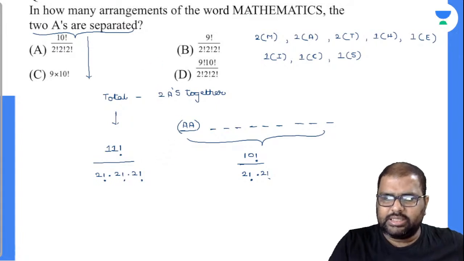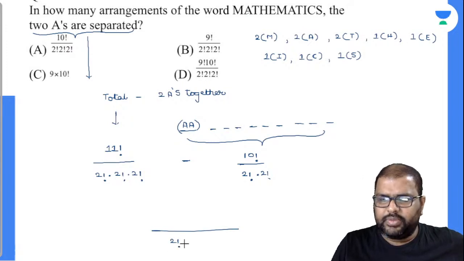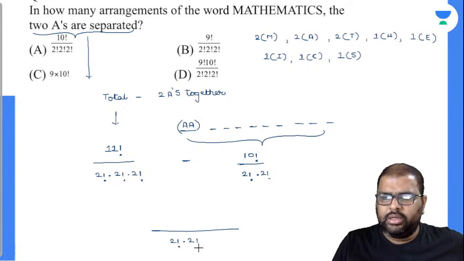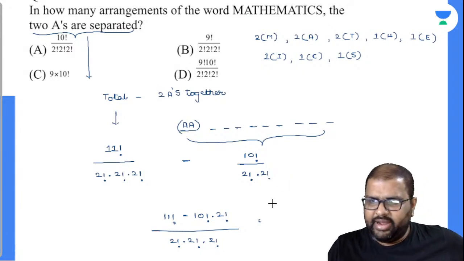Yes, this is your answer, minus. So what is your LCM there? Your LCM is 2 factorial into 2 factorial. So how much will be left over there? 11 factorial. Now here 10 factorial into 2 factorial will be there. So finally, what can I write down? I can take 10 factorial outside.